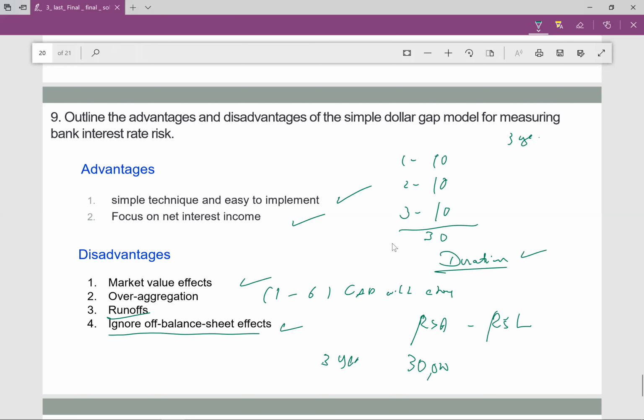But actually, this is paid over the years, which means at the end of the third year, I have 0. At the end of the second year, I have only 10,000. At the end of the first year, I have only 20,000, because there is payment during the life. The repricing model does not catch this issue.